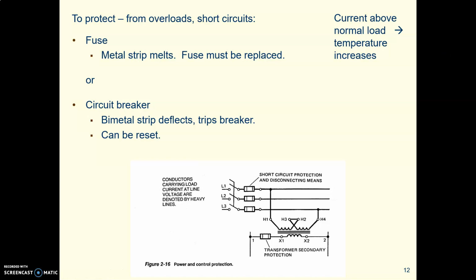It'll get hot. And a fuse is one-time use. In a fuse, there's a metal strip that melts and that opens the circuit. Then you have to replace the fuse. In a breaker, there are 2 different kinds of metal that expand at different rates, and they expand, they open the breaker, and then you can come along and reset that breaker.